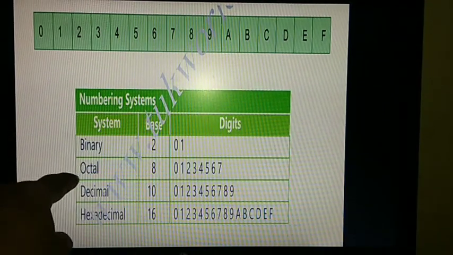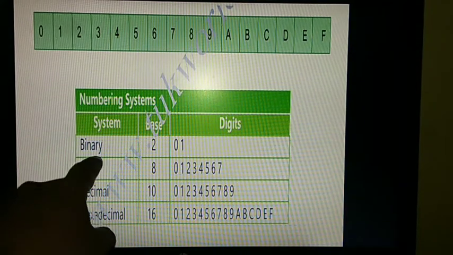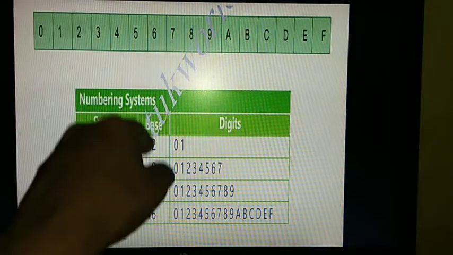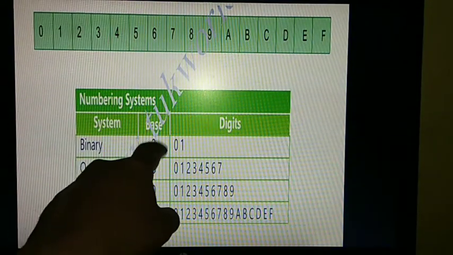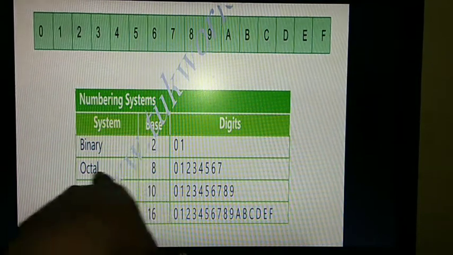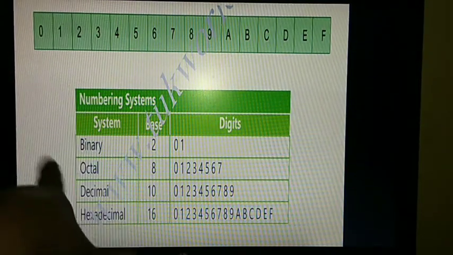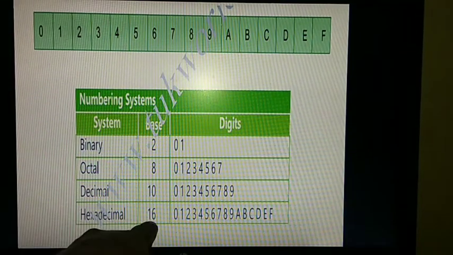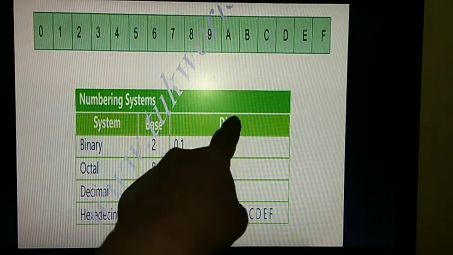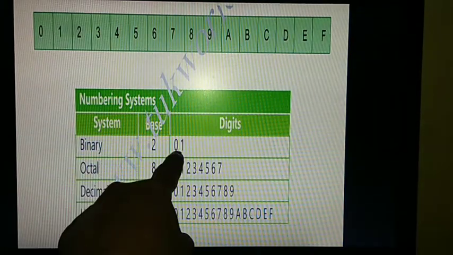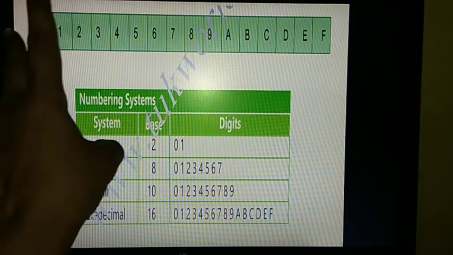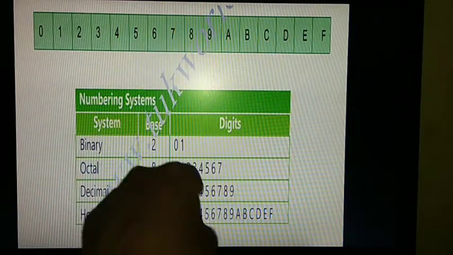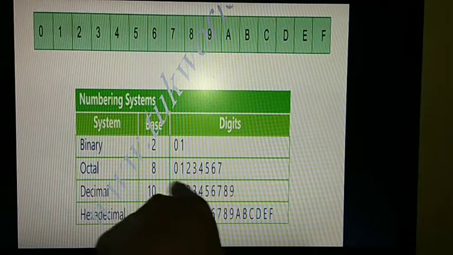The systems are binary, octal, decimal, hexadecimal. Binary always starts from the least position. Binary has base 2, octal base 8, decimal base 10, hexadecimal base 16. For binary you take only 0 and 1, only 2 numbers. For octal we take 0 to 7, 8 numbers.